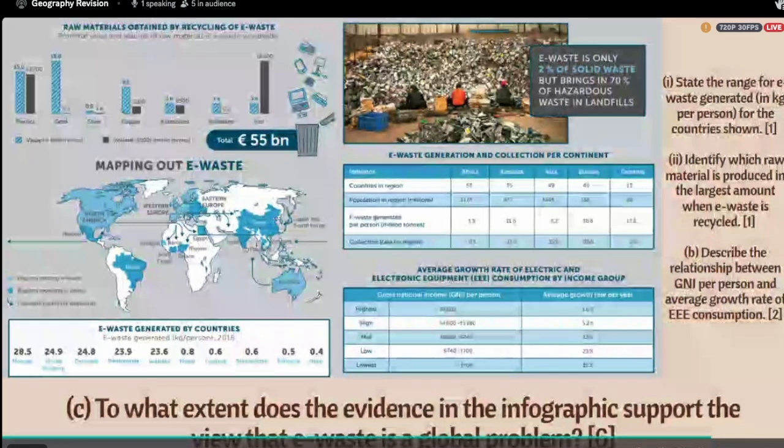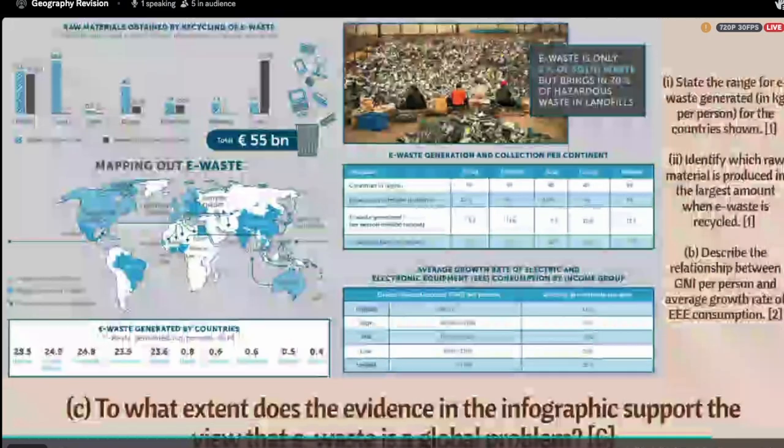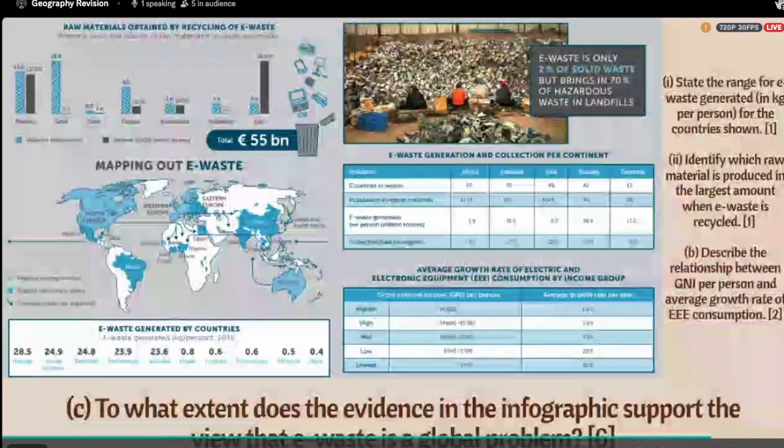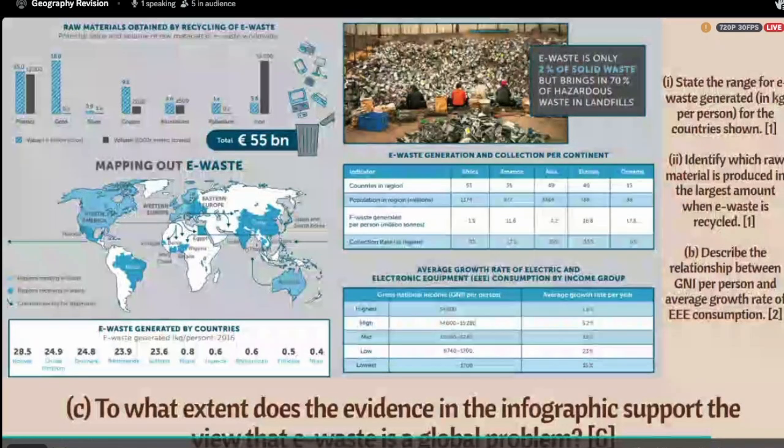So for the 3 marks for, you could say that all continents here are involved in the recycling of e-waste. That makes it a global problem. Two, there's also reference to the rates of growth of e-waste, which makes it a growing problem as well. And then you also have the reference to the pollution e-waste produces. Those 3 are examples of how this infographic supports the evidence.